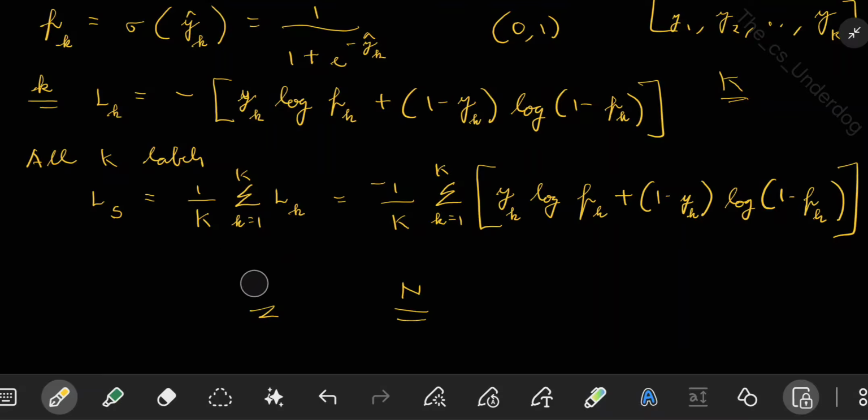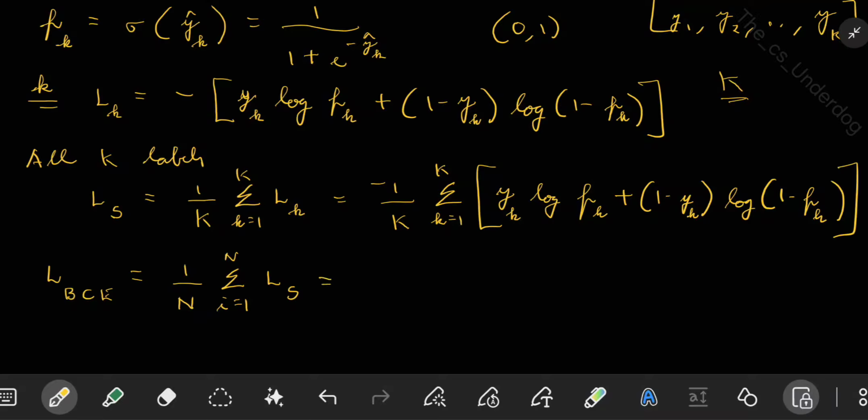When you train using n input samples, then the final loss function will be, I'll write it as loss function binary cross entropy. This is for the multi-label classification case. You'll say 1 by n sigma i is equal to 1 to n loss function of that sample. That is the loss function here.